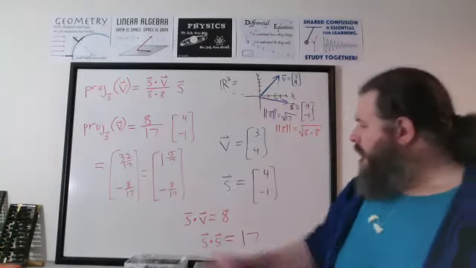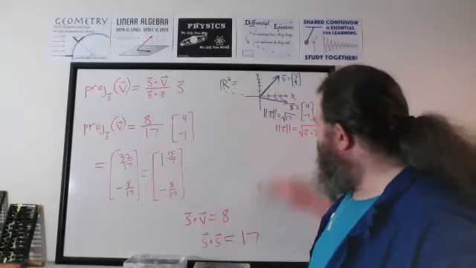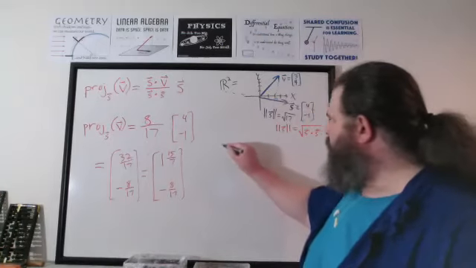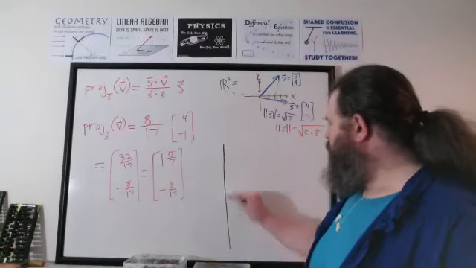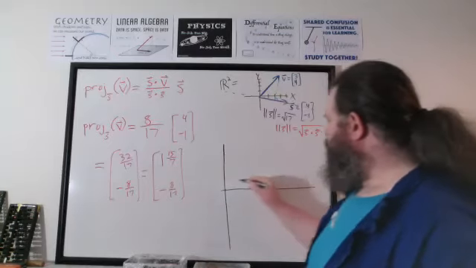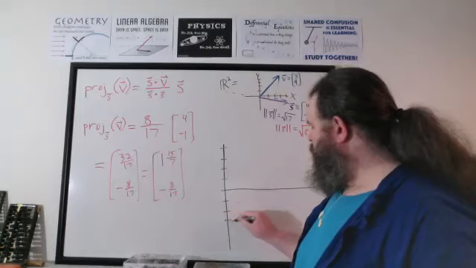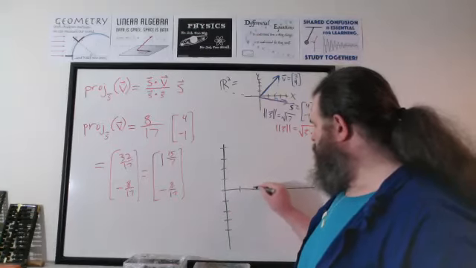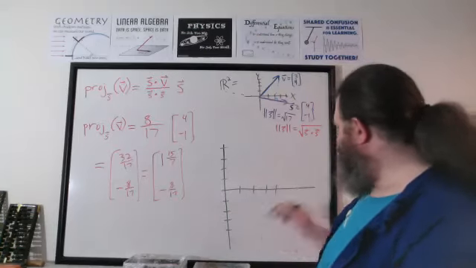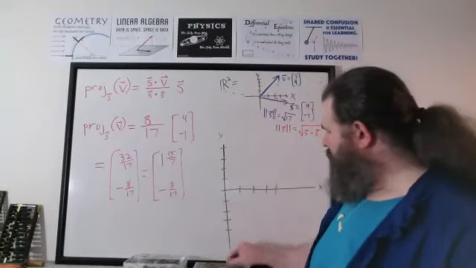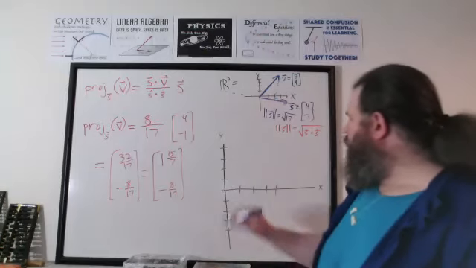So if we plot this on our graph, let me draw this a little bigger. Our original vector v was 3, 4.